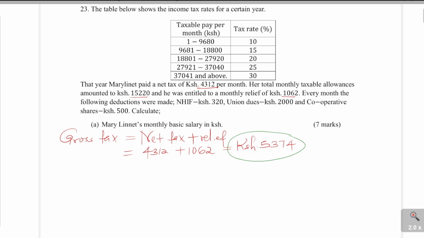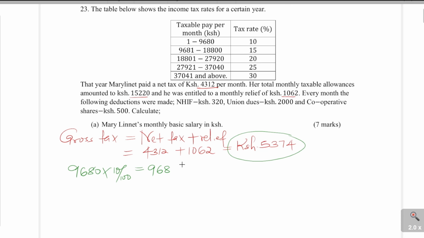We're going to use each of these slabs. The first slab is from 1 to 96.80. So the size of that slab is 96.80. Then the rate of taxation there is 10%. The tax that you get after working that out is 968. So that is the tax in the first slab. And remember, we must get a total tax of 53.74.